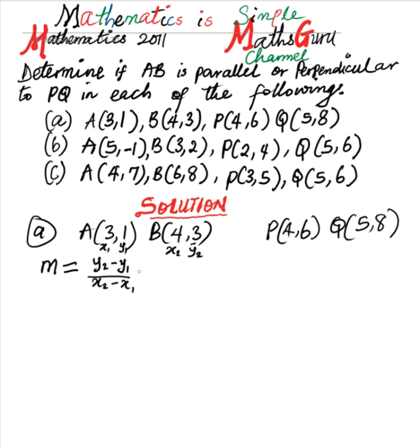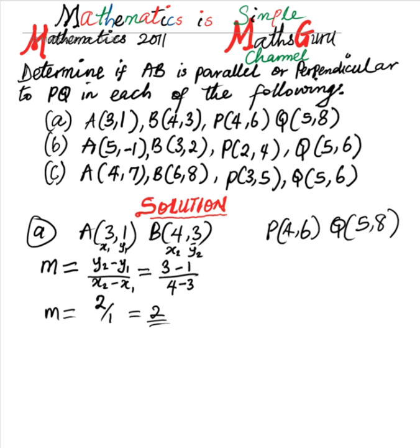That is to say, we have 3 minus 1 over 4 minus 3. 3 minus 1 is 2, and 4 minus 3 is 1. So the gradient is simply equal to 2.